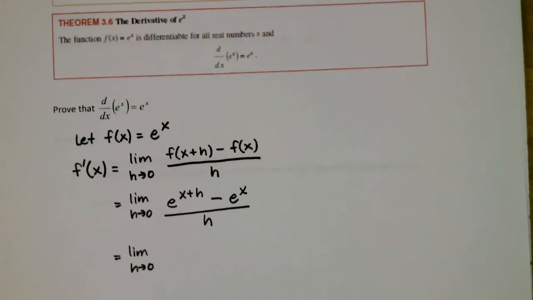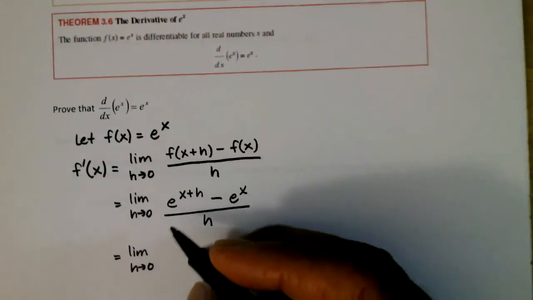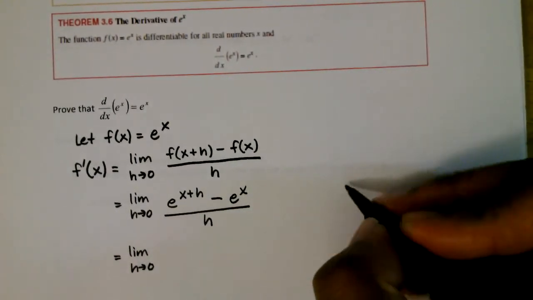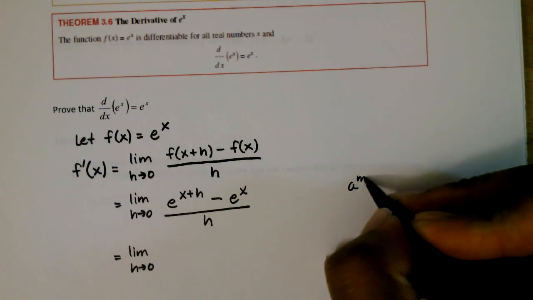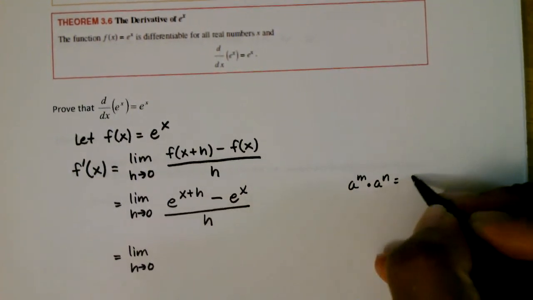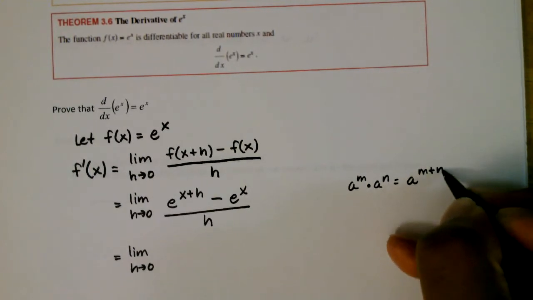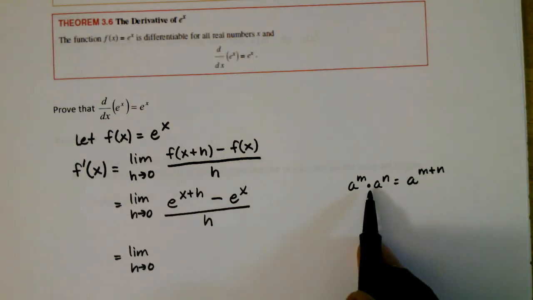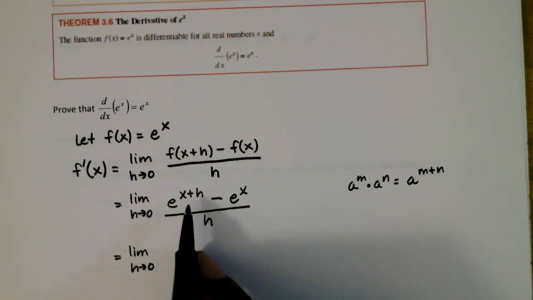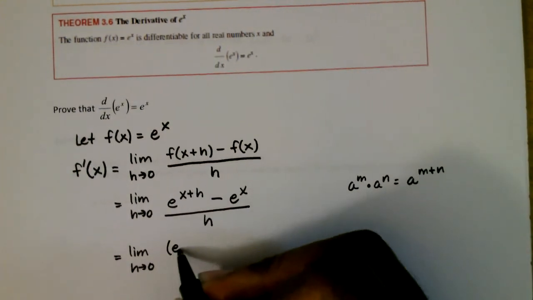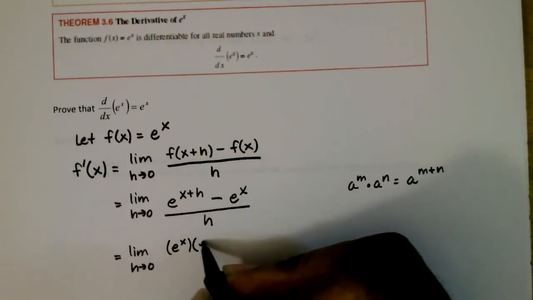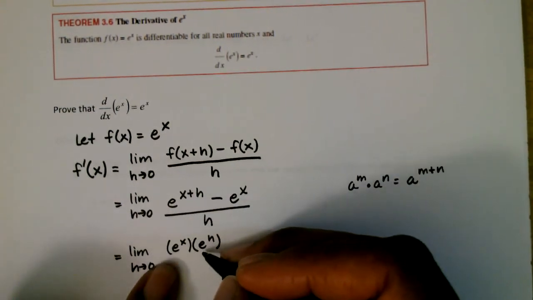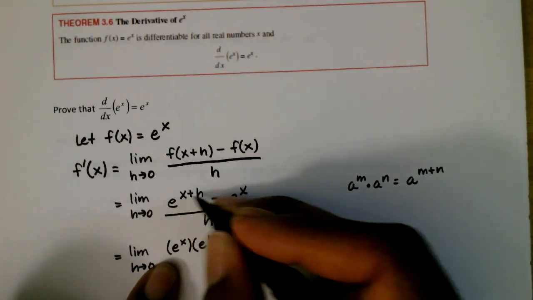Now I'm going to bring down the limit as h approaches 0. Now, there is a rule for exponents here. I'm going to write this off to the side. When you multiply powers of the same base, bring the base over and add your exponents. Well, we got that, but here I'm going to work backwards to get this. So here, if I have e to the x plus h, that means e to the x times e to the h, because if you work backwards, you have powers of the same base, bring the base over, add the exponents.